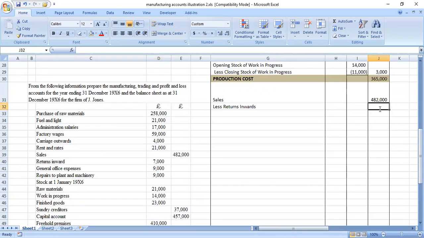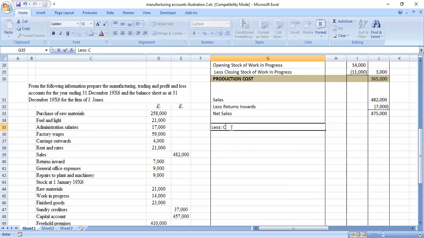Now the returns inwards is equal to 7,000. So we deduct returns inwards from sales, it will give us the net sales, which is equal to 482 minus 7,000. So the net sales is now 475,000.